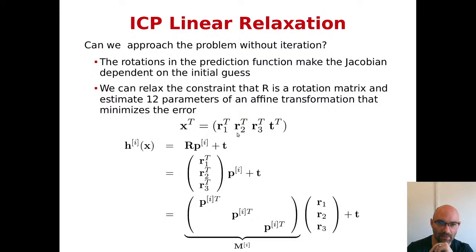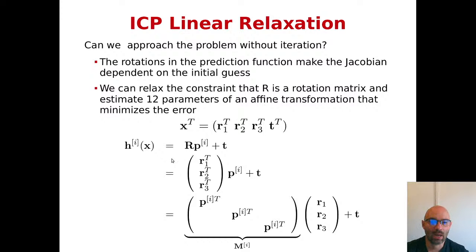The second 3 components is the second row of the rotation matrix. The third 3 components is the third row of the rotation matrix, and the last 3 components, so this is 12, the last 3 components are just the translation vector. So I have a 12 vector in my hands that I need to manipulate.